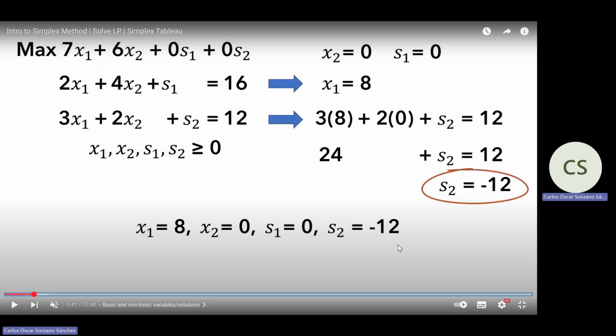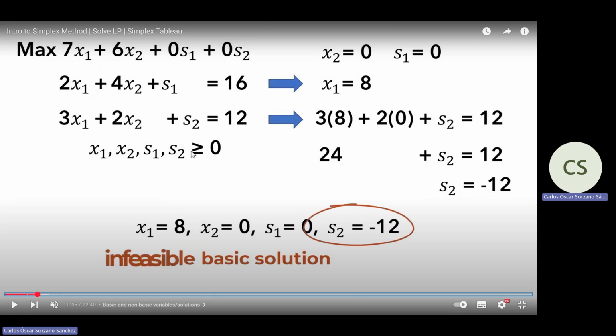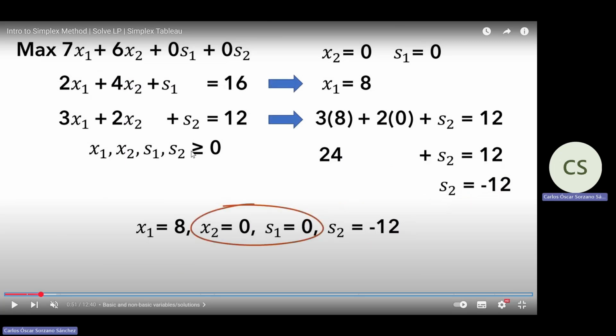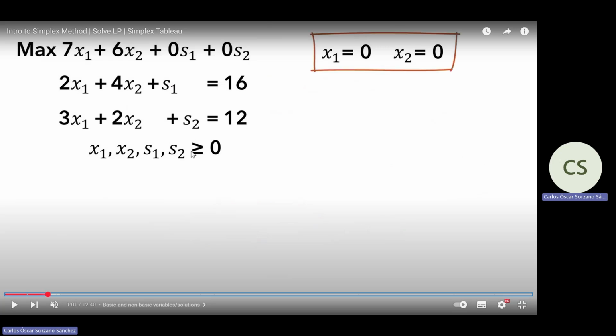But this is not feasible because s2 is negative, and one of your conditions was that all the variables had to take non-negative values. So this is infeasible, and let's try to look for something else.